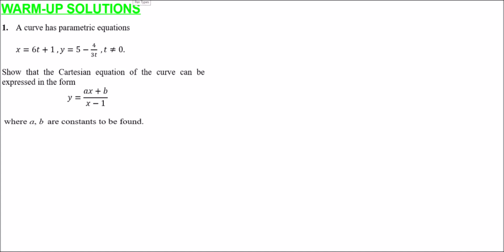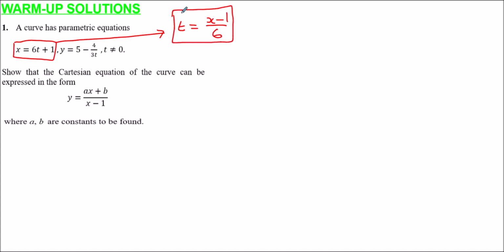What we need to do is eliminate t, so we've just got it all in terms of x's and y's. So I'm suggesting we look at this equation in terms of x and make t the subject. If we subtract 1 from both sides and then divide through by 6, we can see that t must be x minus 1 all over 6. And so what we can do now is substitute this expression for t into the equation for y.